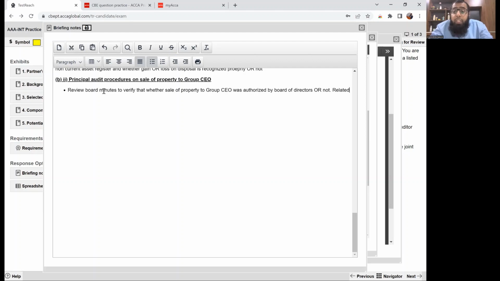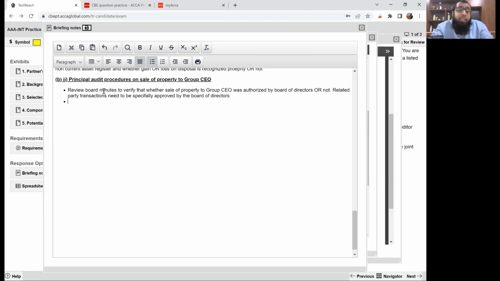Related party transactions need to be specifically verified, or I would say approved, by the board of directors.